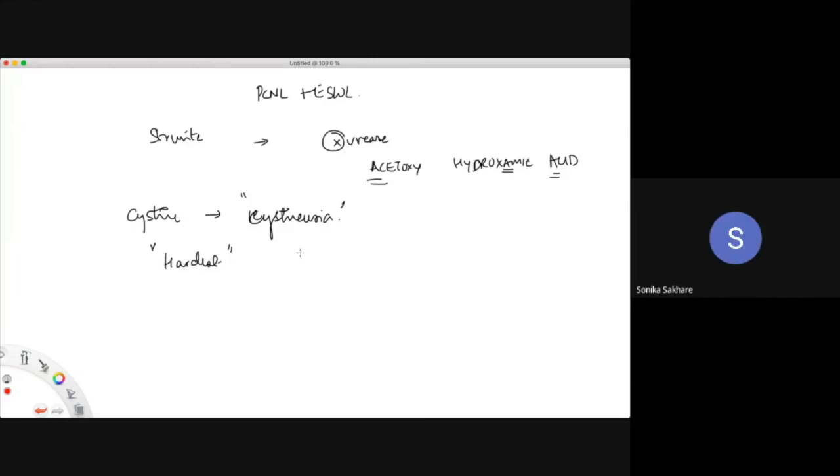They're the hardest because of the presence of the disulfide bond. Cysteine is a sulfur containing amino acid, so it has sulfur in it. So this will form disulfide bonds, and they assume what is called the hexagonal structure. This structure is very difficult to break. That's why they form the strongest bonds.